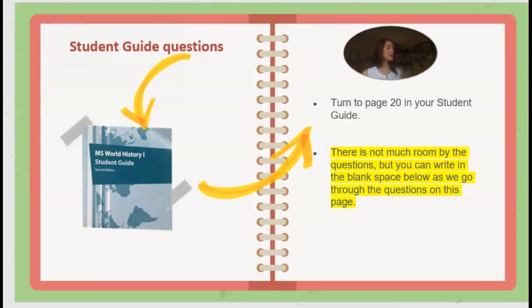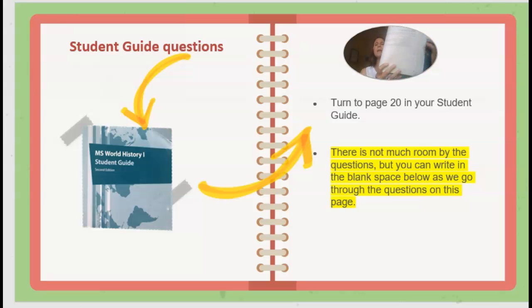So this is where you will need to get out your student guide. Please go ahead and make sure that during every flip video, you have this student guide next to you, so you're able to fill out activities that are in there, fill out questions. In today's case, we are going to be using the questions on page 20.